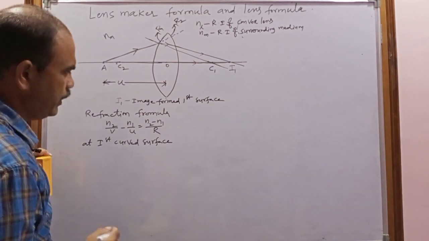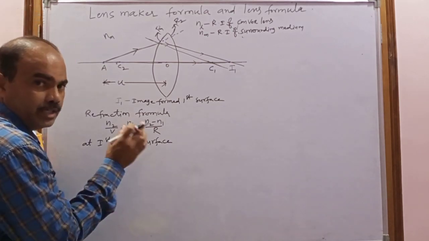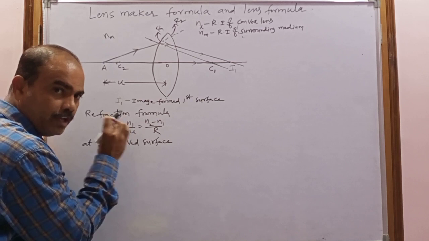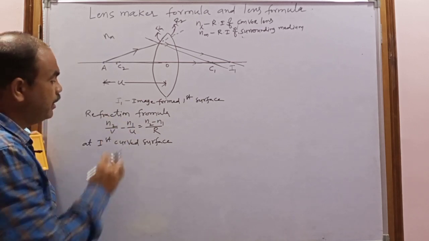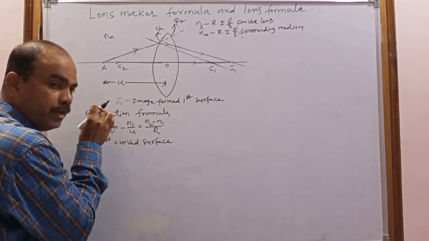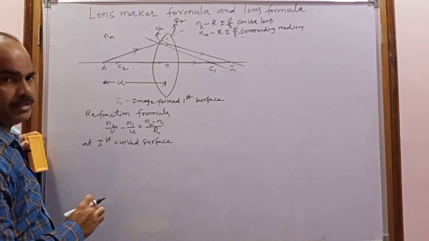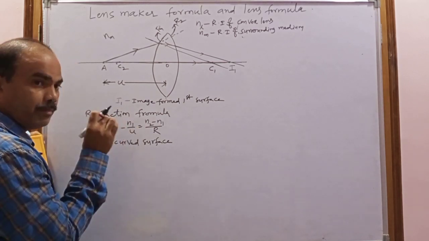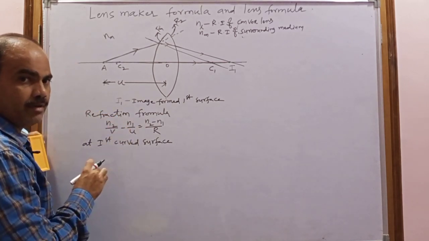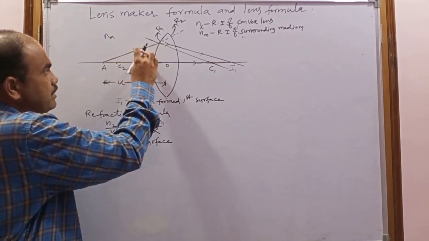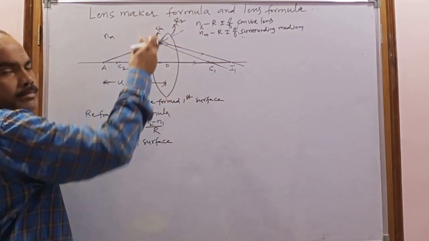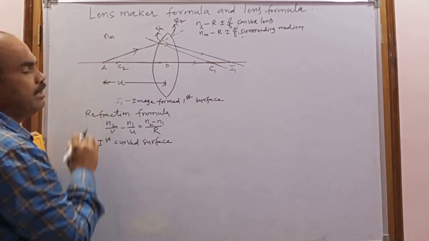Already I told you, N1 is the medium in which the incident ray is traveling, and N2 is the medium in which the refracted ray is traveling. The incident ray is traveling in the surrounding medium, whose refractive index is N suffix m.